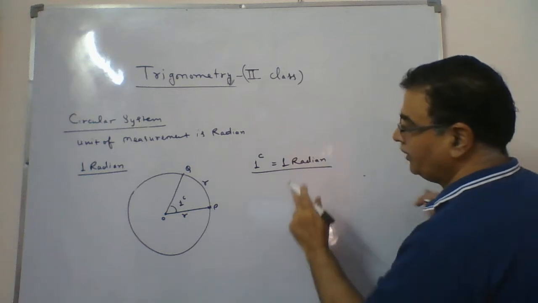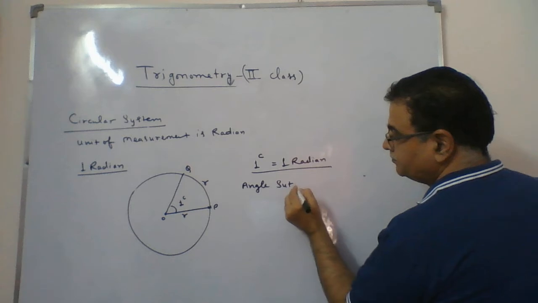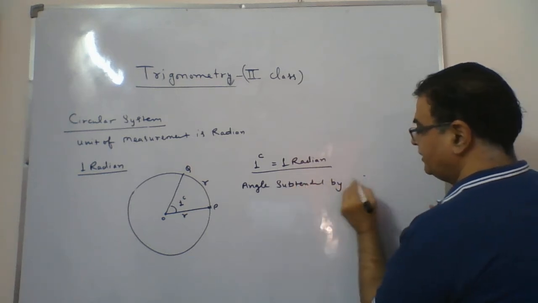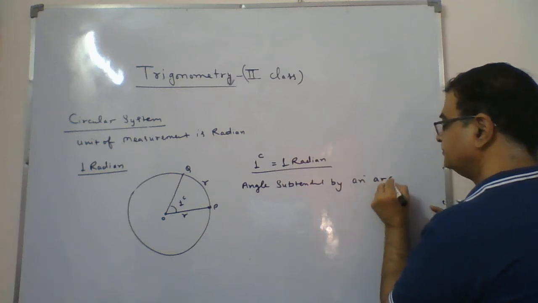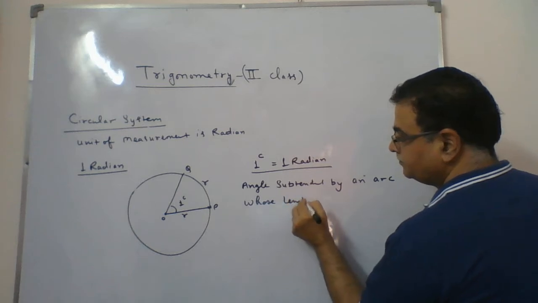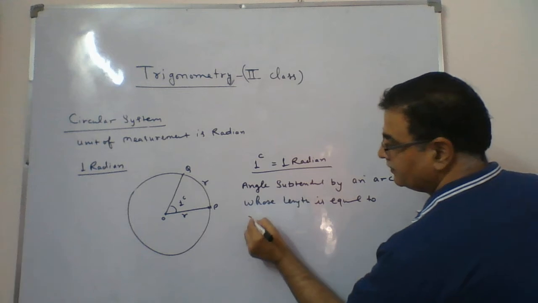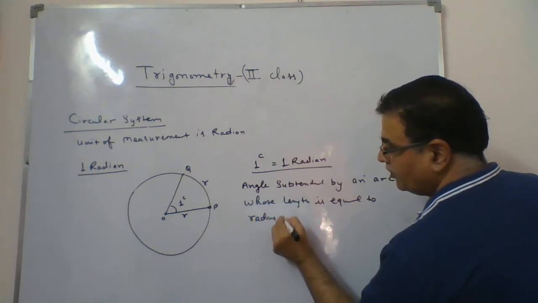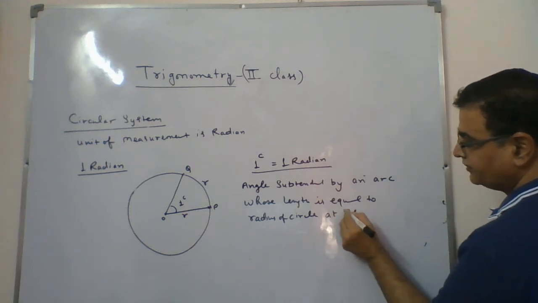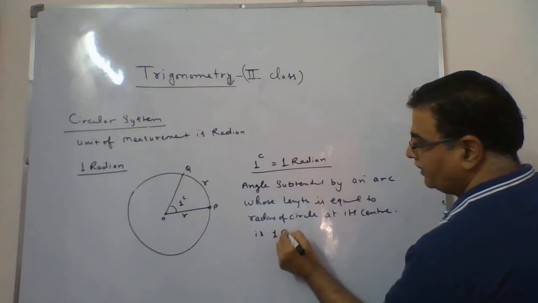So 1 radian is what angle? The angle subtended by an arc whose length is equal to the radius of the circle at its center is 1 radian.